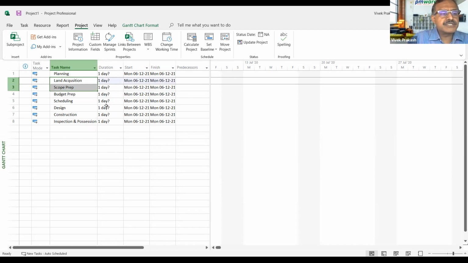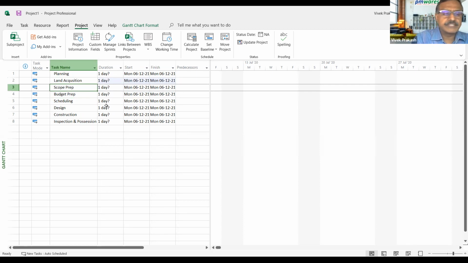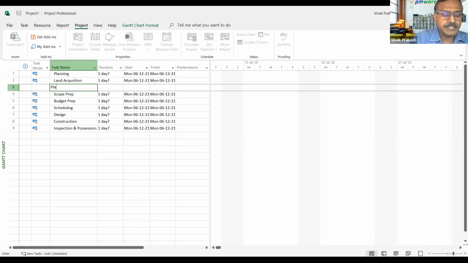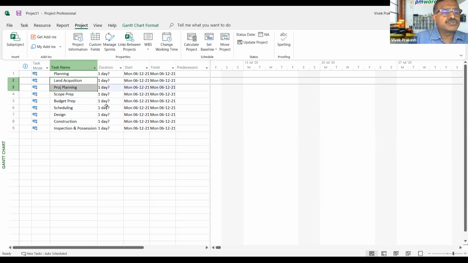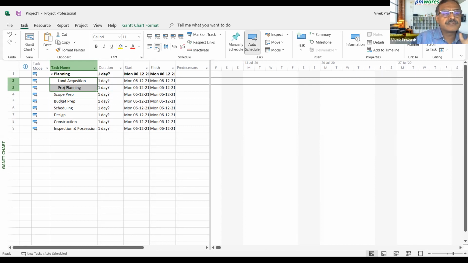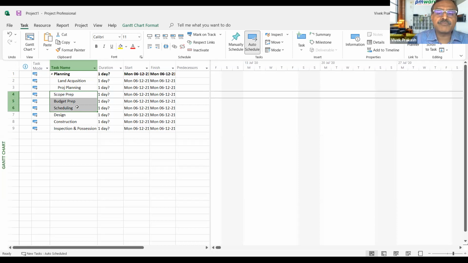So land acquisition, and then I consider two things in that: land acquisition and project planning. These three things I consider as part of project planning.